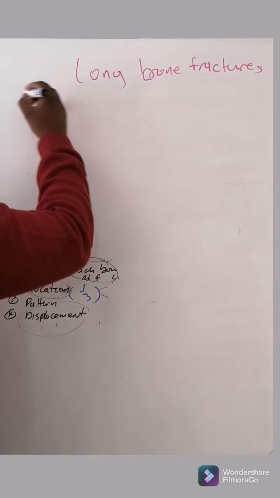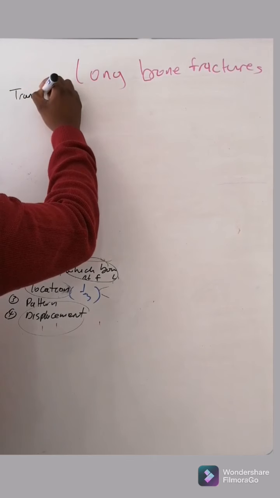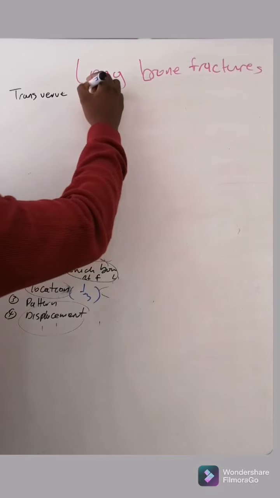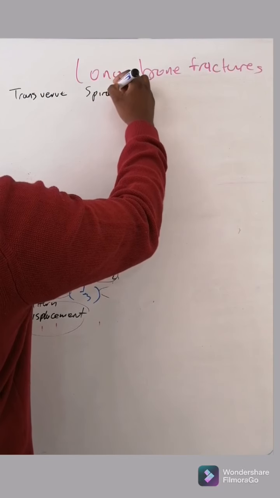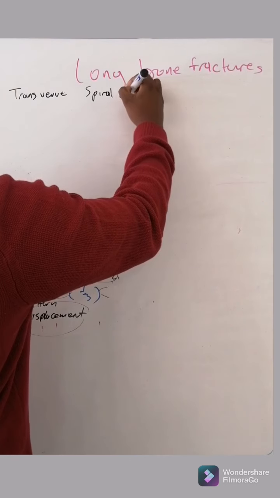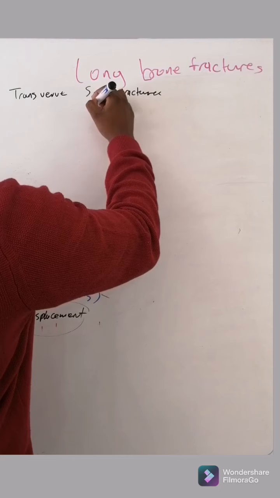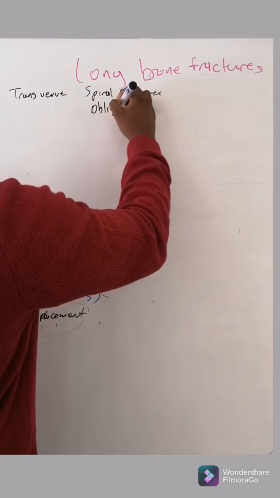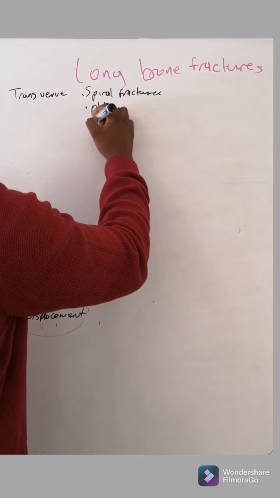The fractures that are very common are the transverse fracture, spiral fractures, oblique fractures, and you can have a combination of these two, a spiral oblique.